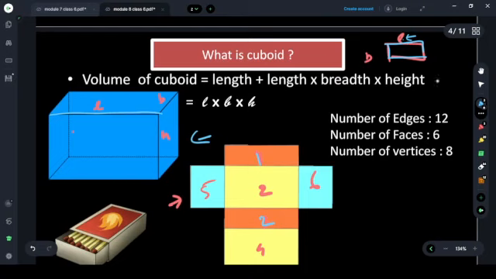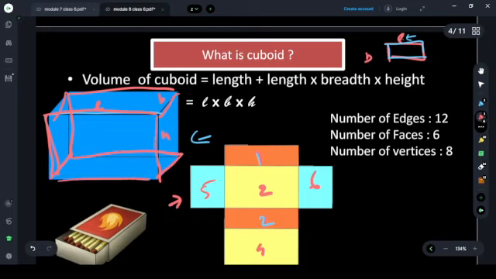We will call them edges, not sides. 3D objects have edges. This one, this 2, this 3, this 4, 5, 6, 7, 8, 9, 10, 11 and 12. How many edges does a cuboid have? It has 12 edges. How many faces does it have?